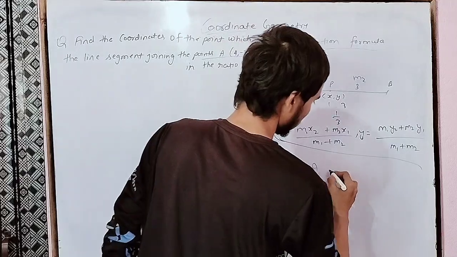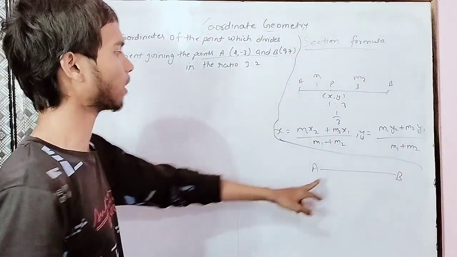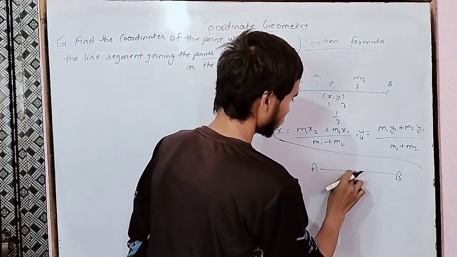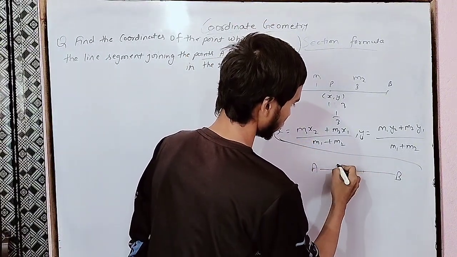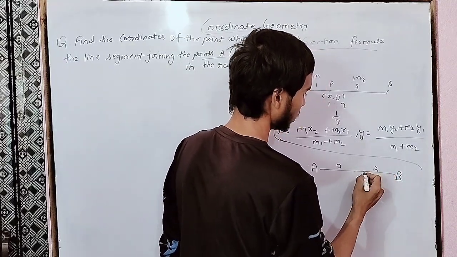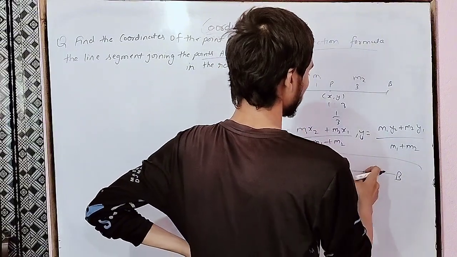For example, AB is a line segment, and a third point is coming to divide this line segment. We don't know where. So this is 3 units and this is 2 units. This is the third point.